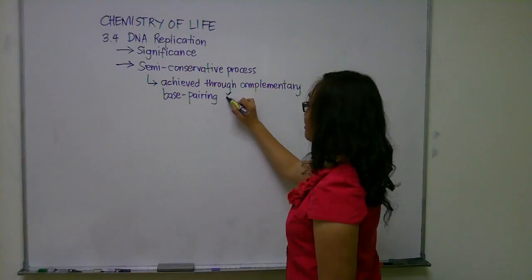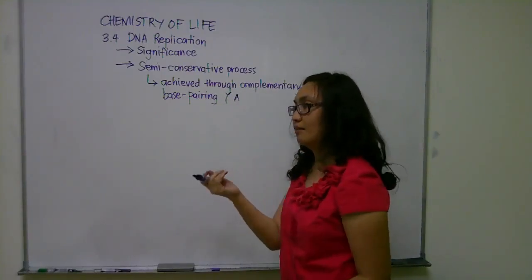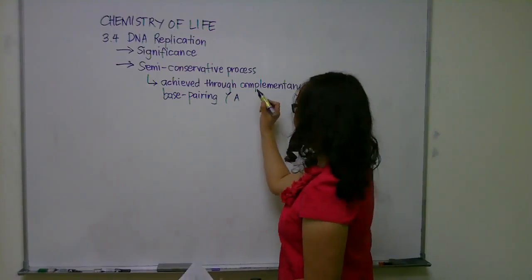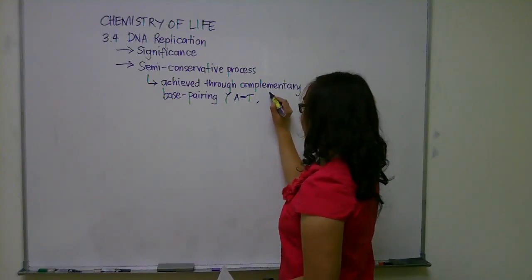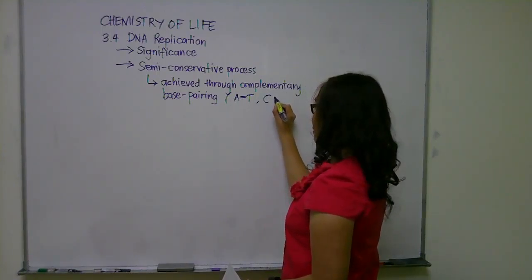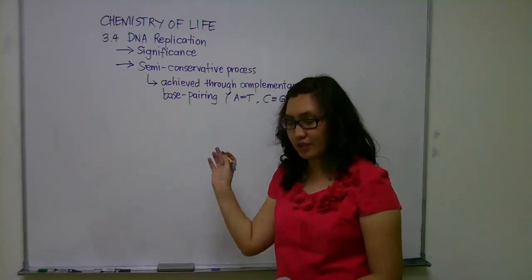In other terms, if the parent strand contains adenine, then the daughter strand should contain thymine. If the parent strand contains cytosine, then the daughter strand should contain guanine, or vice versa.